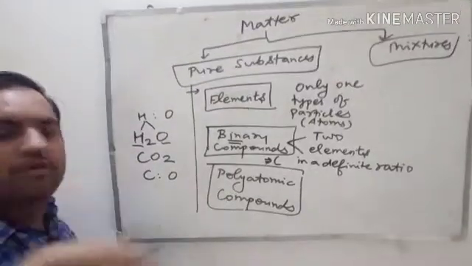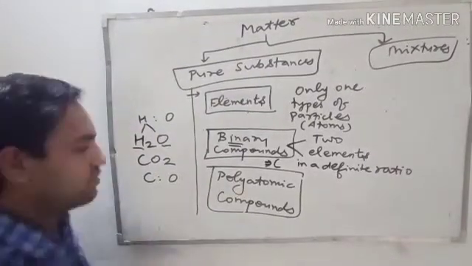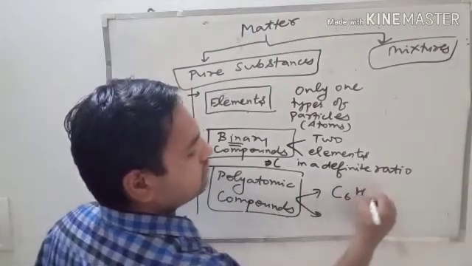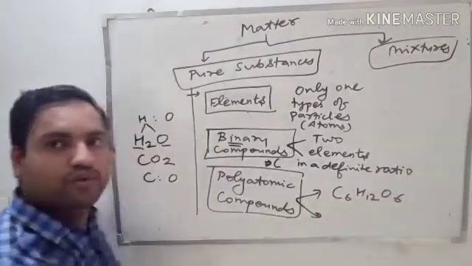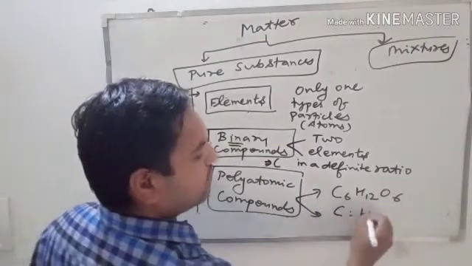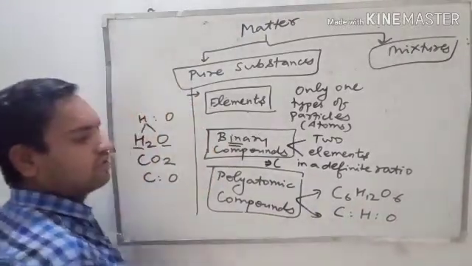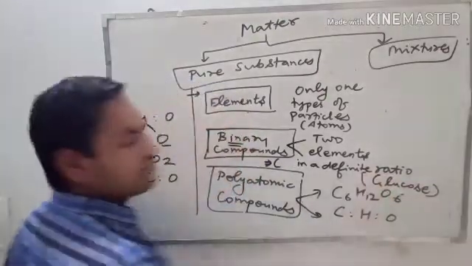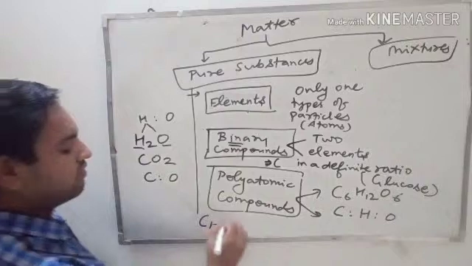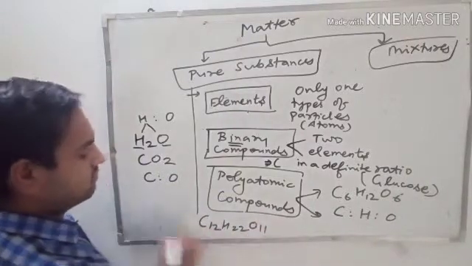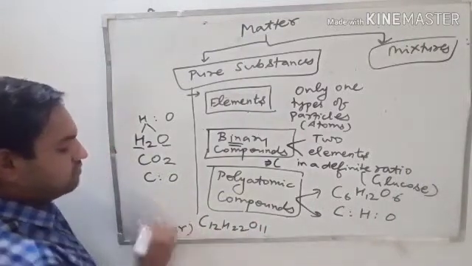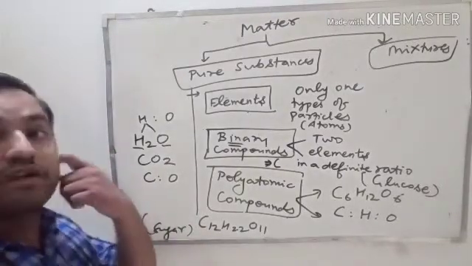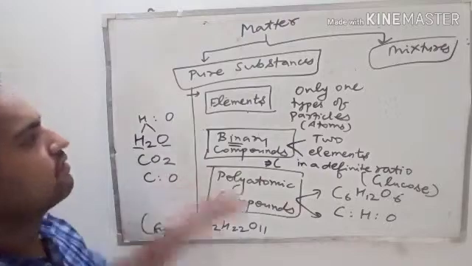All these compounds can be called binary compounds. There are also some polyatomic compounds containing more than two elements, carbon, hydrogen, oxygen, like that. Glucose, sugar, C12H22O11, sugar.